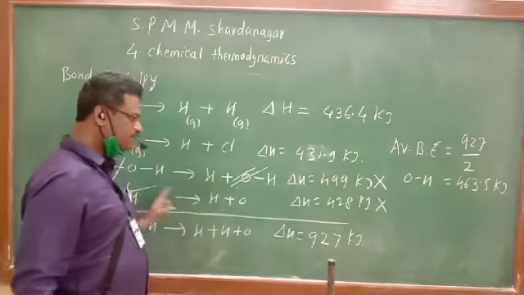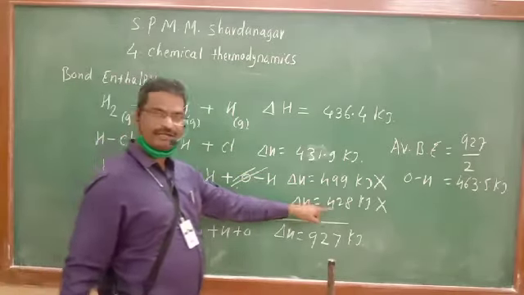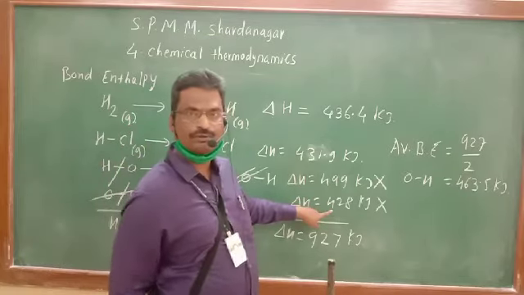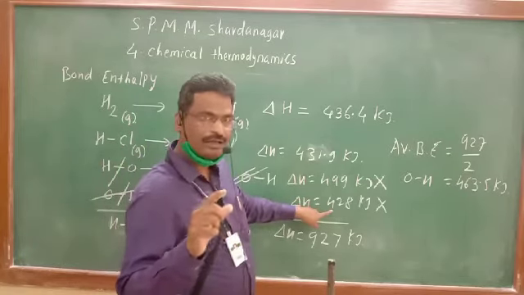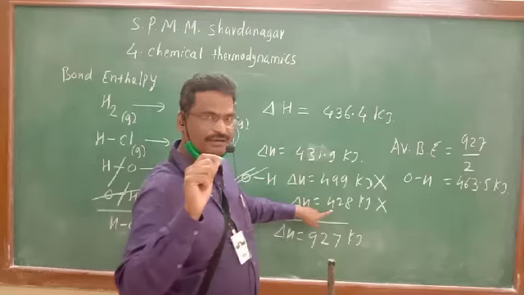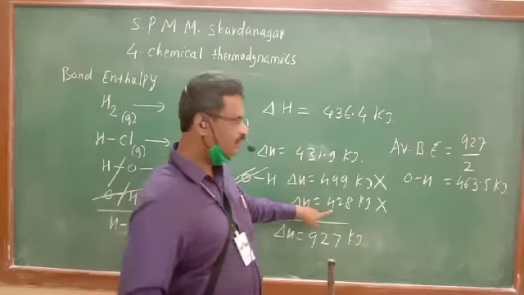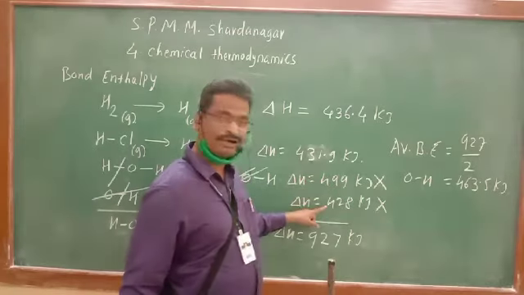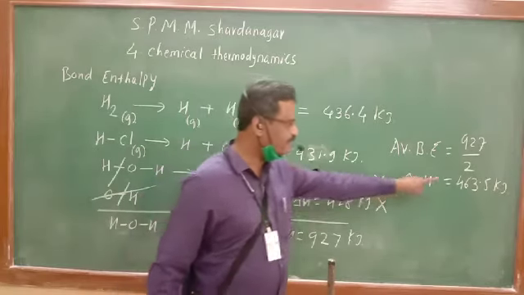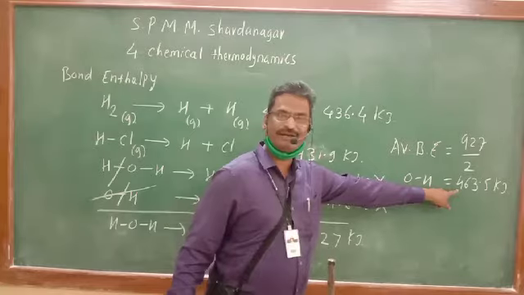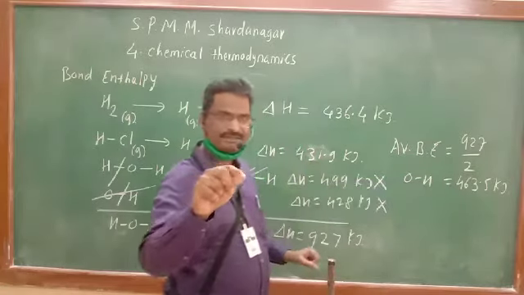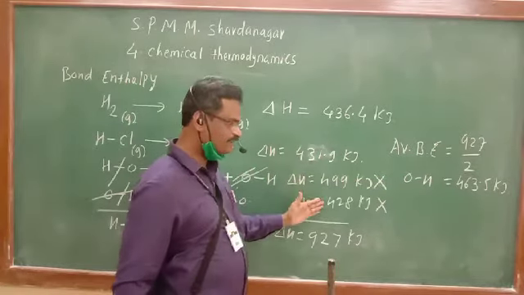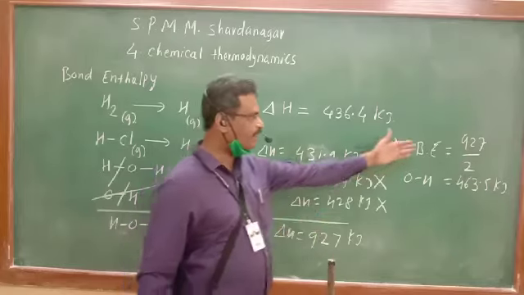In order to break the second OH bond, energy required is 428 kilojoule. But here, the consideration of OH bond enthalpy is neither 499 nor 428. It is considered to be 463.5. And how does it come? It comes by adding these two values and dividing by 2.